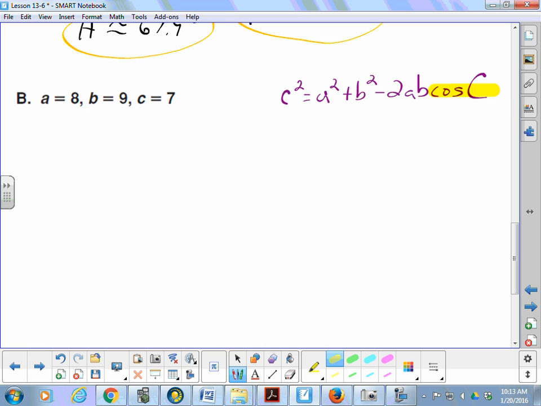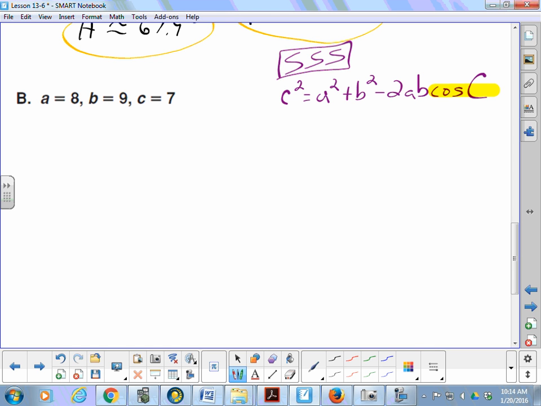Because we want to get the cosine of C equals some number, so then I can do the inverse cosine to find the angle. So we're going to solve for cosine of C, because I want to get that by itself. And so when we know side, side, side, we're going to use the law of cosines in this different version to be able to find the missing angles.